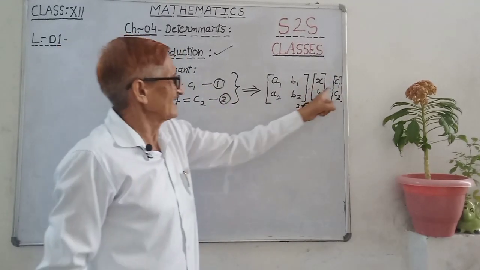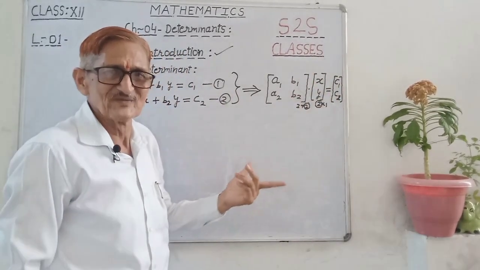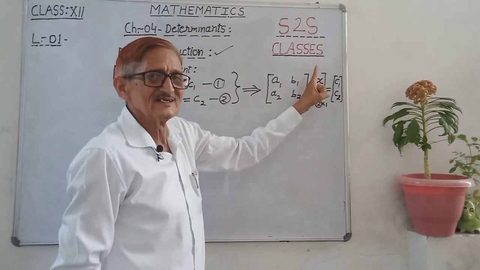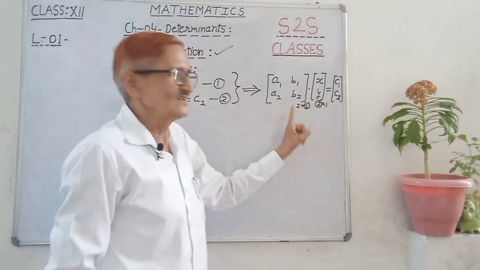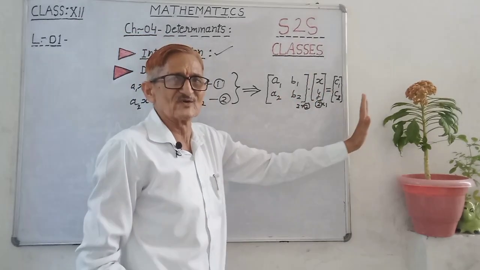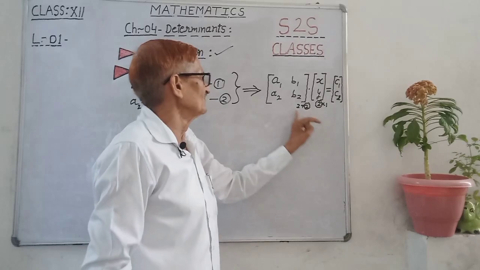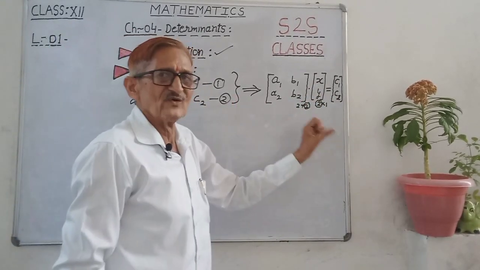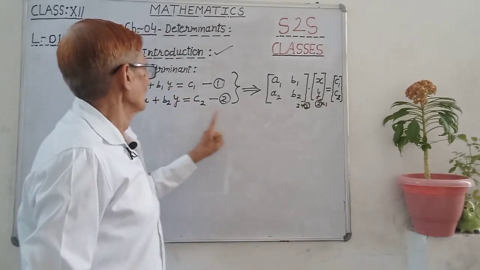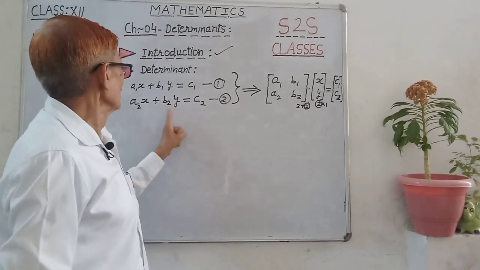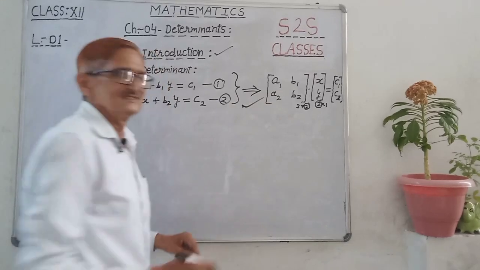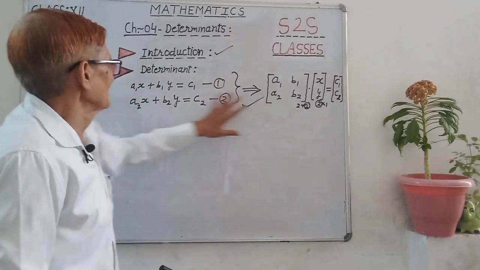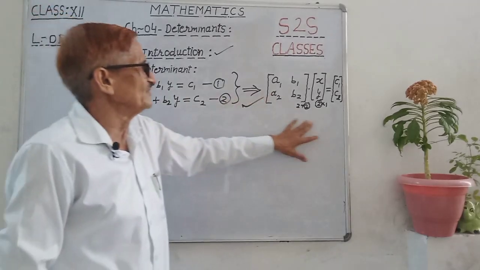Then the second row with the first column, a2x plus b2y, is equal to c2. This is a standard thing. By multiplication of the matrices, we can say this is equal to this, so these two linear equations can be written this way.